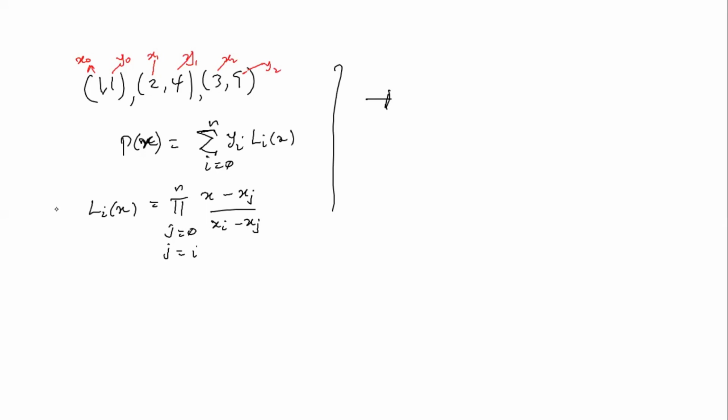Now, if that is clear, then it means that L naught, when i is 0, L naught of x will be the same as x minus x1 times x minus x2, that's between this interval, divided by x naught minus x1 times x naught minus x2.